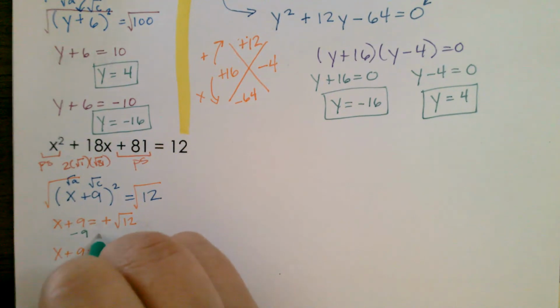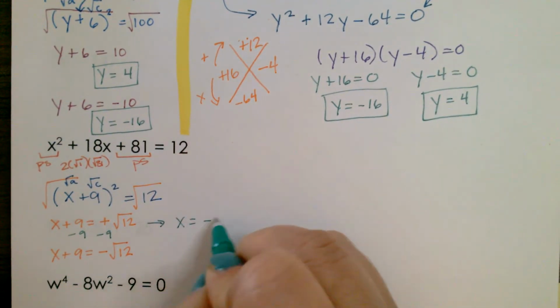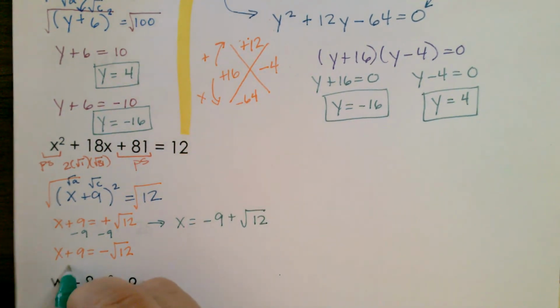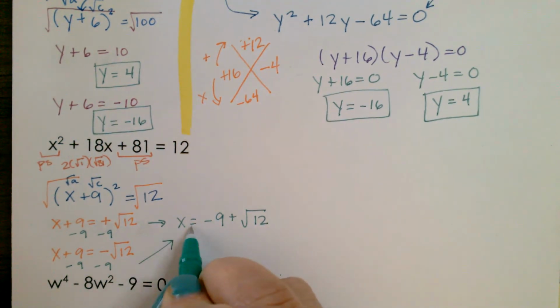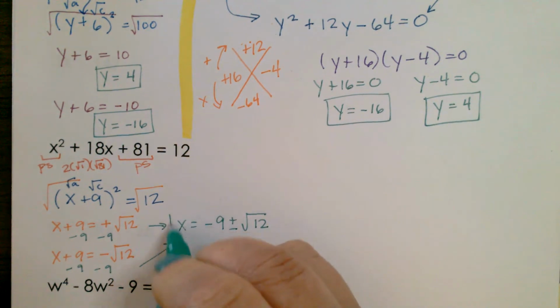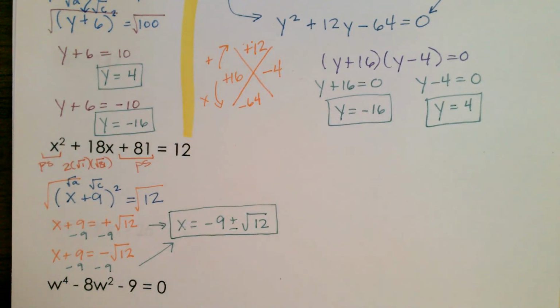Subtracting 9 from both sides, x equals negative 9 plus the square root of 12. Subtracting 9 from both sides, x equals negative 9 minus square root of 12. Those would be my two roots, whatever decimal number they are.